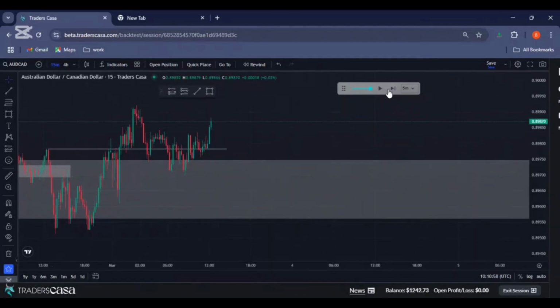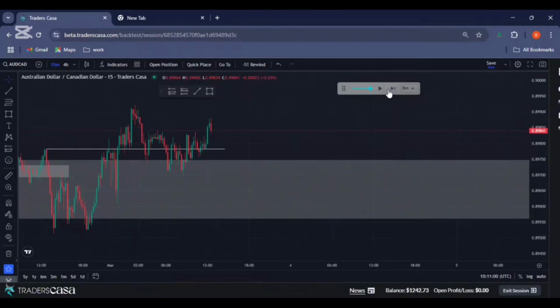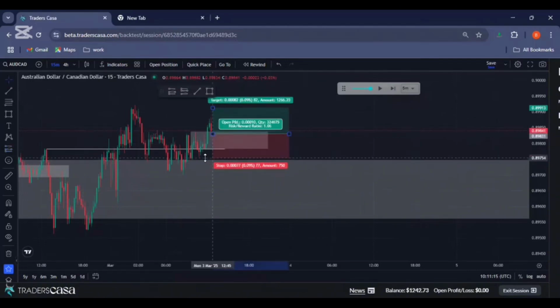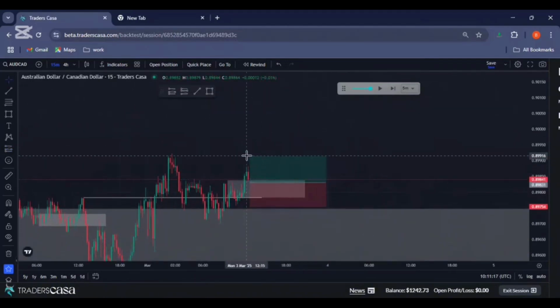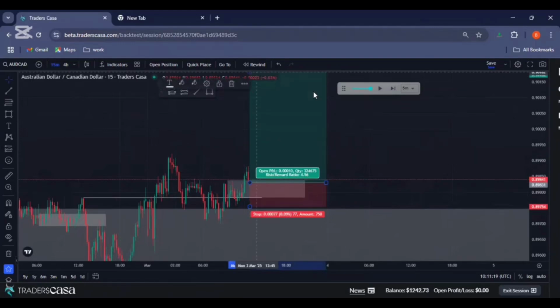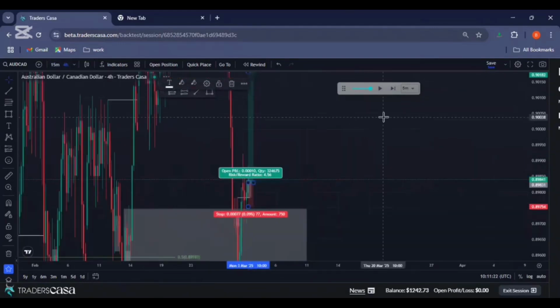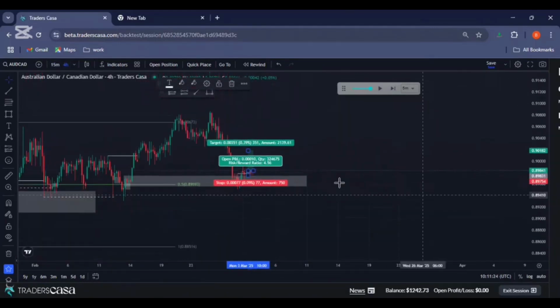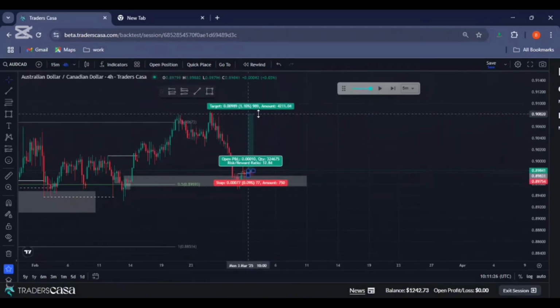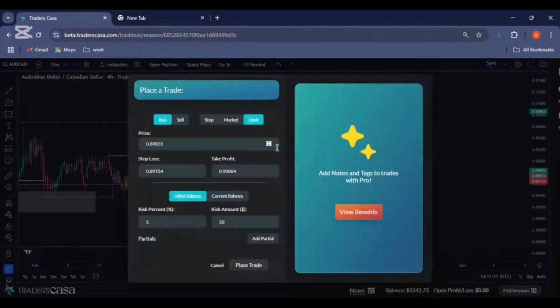I don't want to miss my move there because I'm going to go with this breaker block now. Yes. No matter how many times we test it before getting it, once we get it, everything will equalize. That's how it looks. So let's see how it goes now. Still targeting this high. Place my entry.